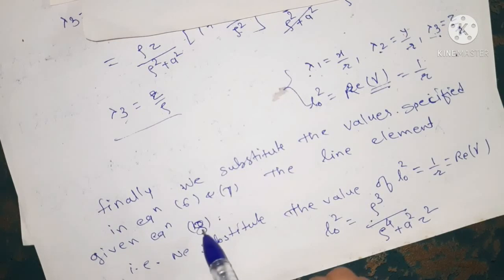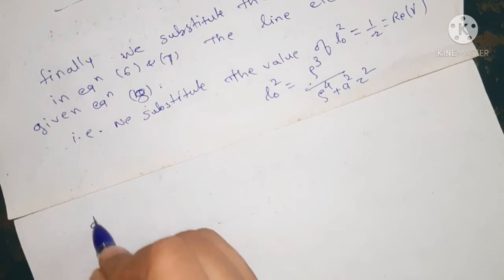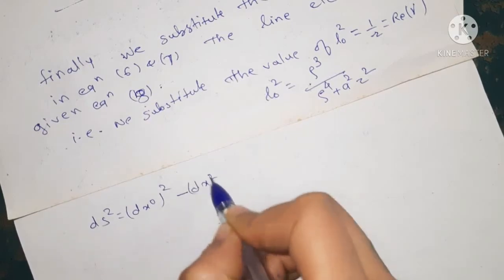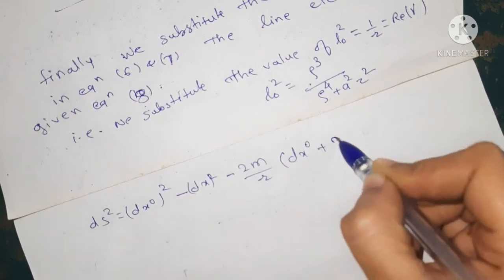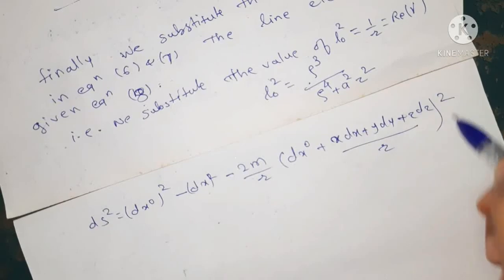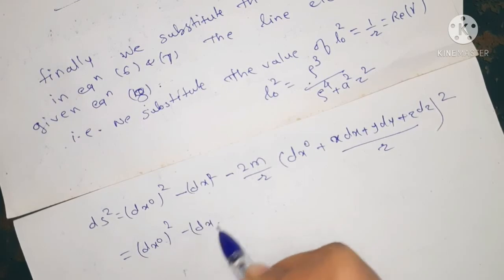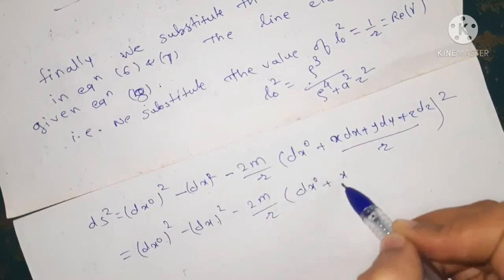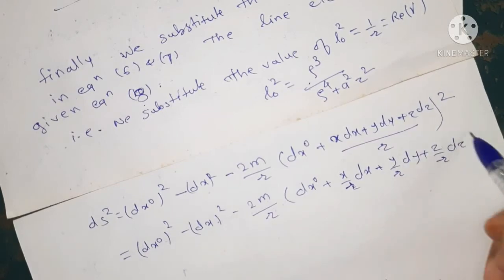Okay, so our line element in equation 8 will transform to, therefore, ds square equals dx0 square minus dx square minus twice m upon r into the bracket dx0 plus x dx plus y dy plus z dz upon r, whole bracket square, that is equals to dx0 square minus dx square minus twice m upon r in a bracket dx0 plus x upon r dx plus y upon r dy plus z upon r dz, whole bracket square.